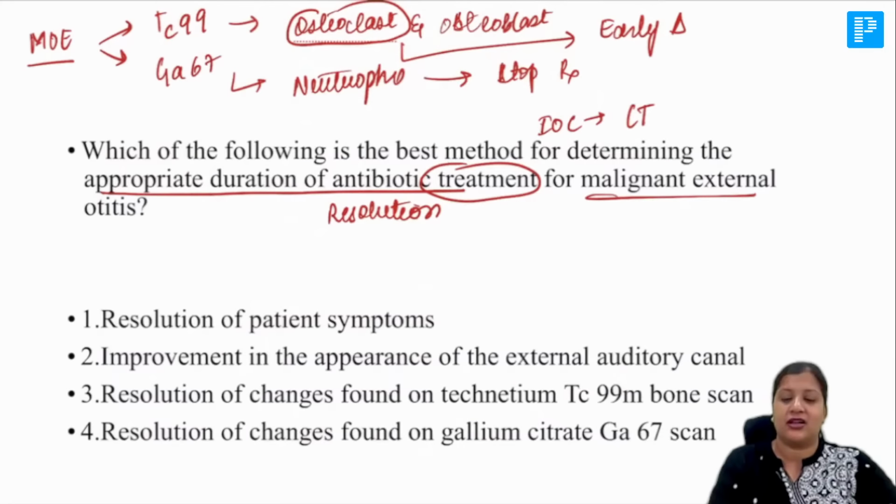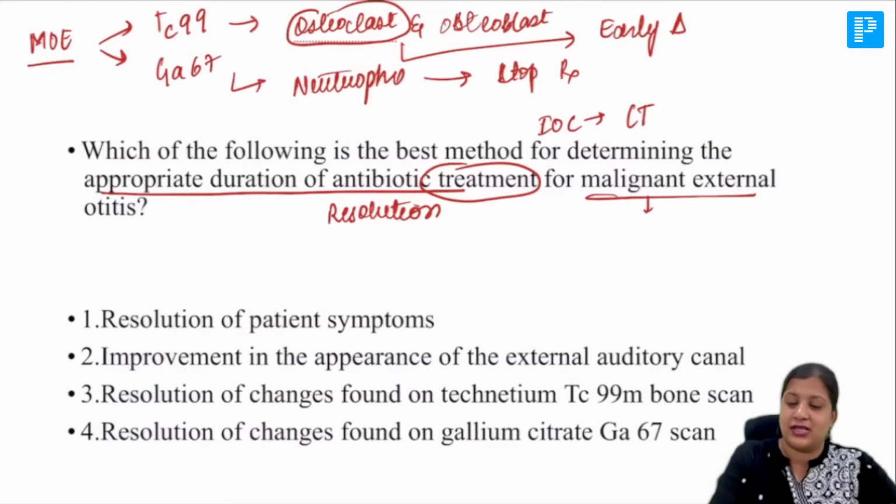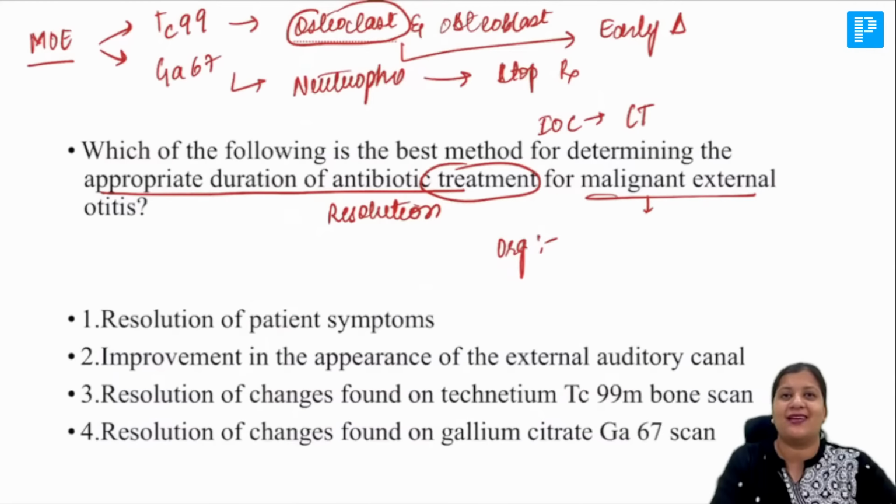Now the questions that come to you on malignant otitis externa: can you tell me what is the organism responsible for causing malignant otitis externa? Can you all tell me what is the main sign that the patient will present with, which you see on examination? And I want you to tell me exactly the treatment in malignant otitis externa.